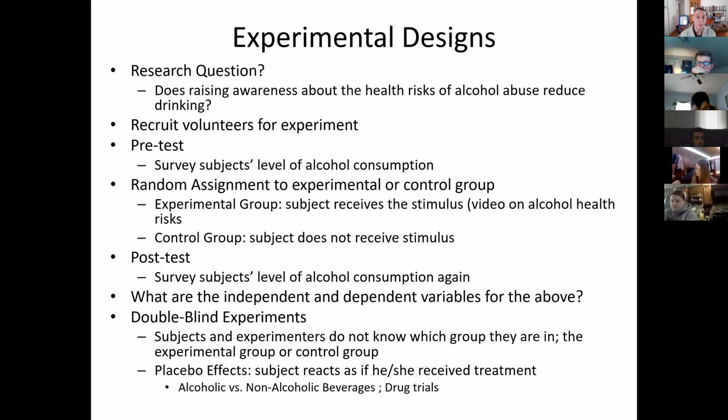That keeps people from caving into social desirability bias or just being non-cooperative because you're in a group different than the one you wanted to be in. It also helps for the experimenter not to know. That way, she is less likely to treat those participants differently, even in subtle ways.